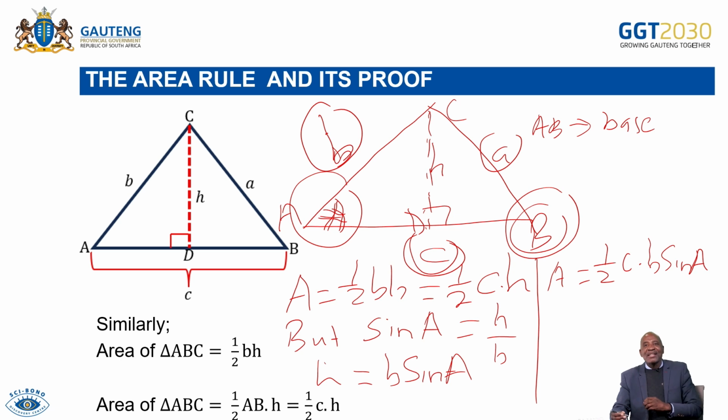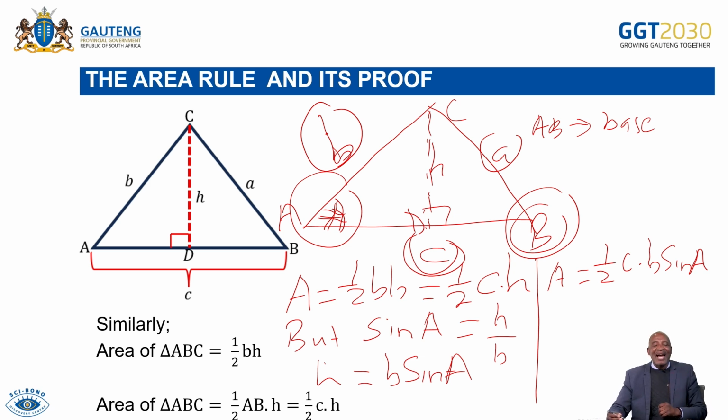Then you replace. The whole essence here is to say, how do we find the area of a triangle? It's half base times height. But this triangle did not have a height. You introduced that h yourself. Go back and apply your trig ratios from either A or B and then find h. Then go back and replace h. Otherwise, your base is AB in this case. If your base changes, do likewise again.